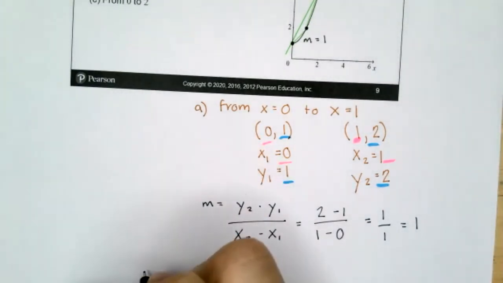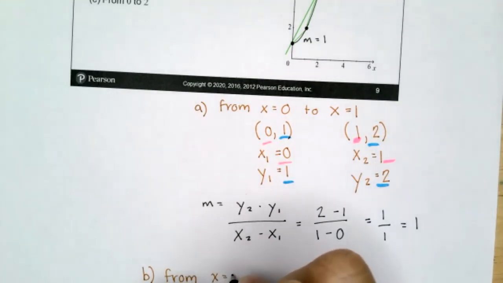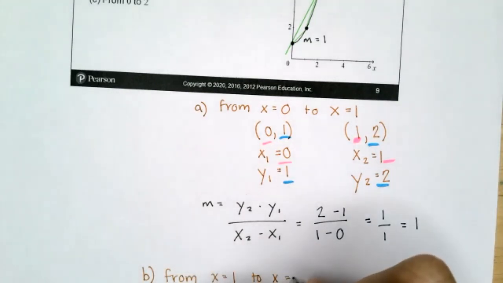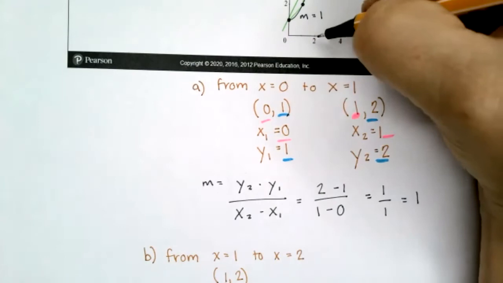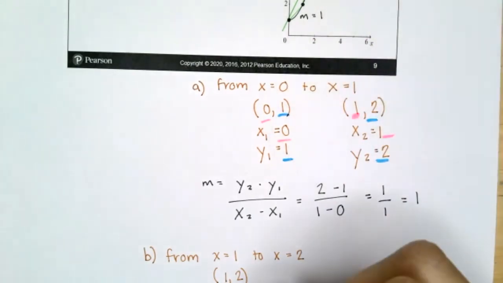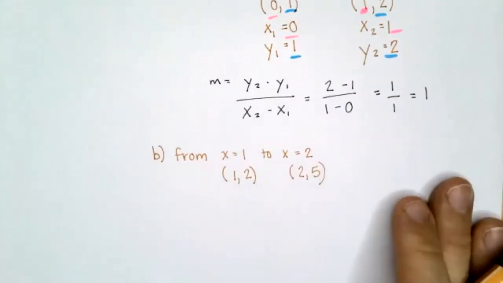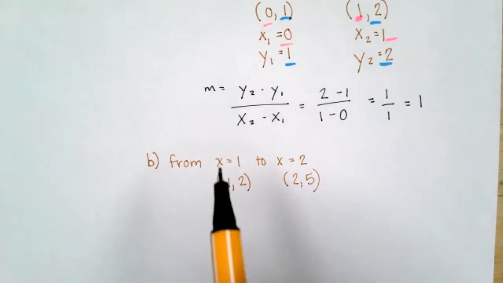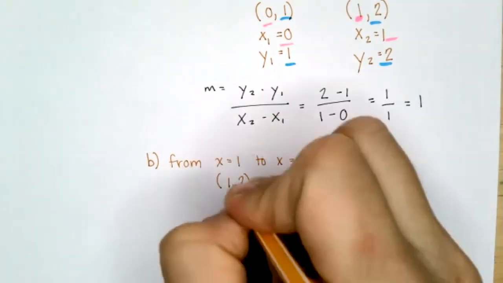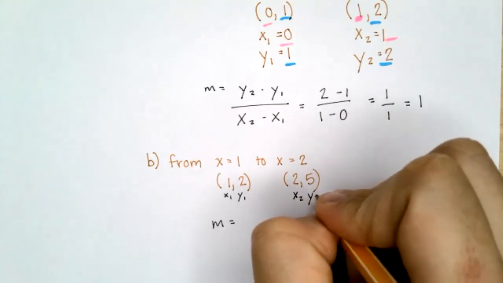Good. B wants to know the slope from x equals 1 to x equals 2. The point at x equals 1 we know is 1 comma 2. At x equals 2, we go all the way up to 5, right? So m, this is x1, y1, x2, y2.